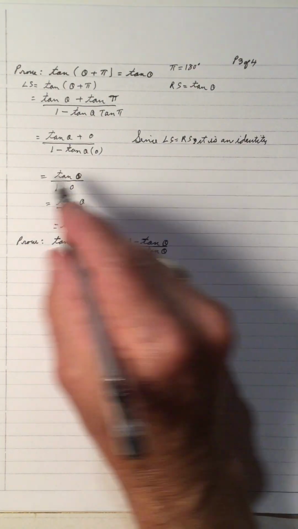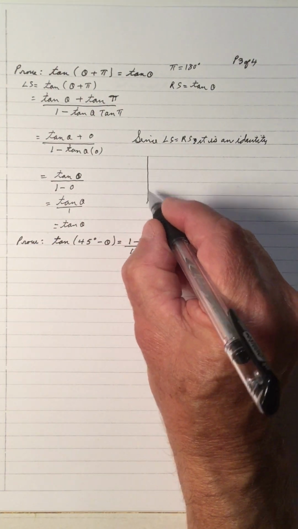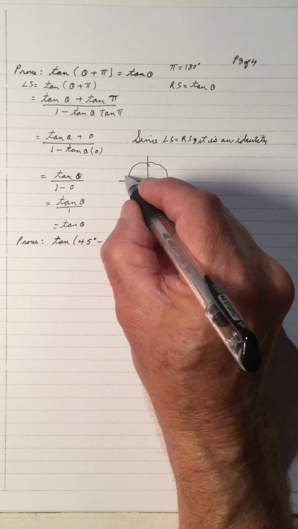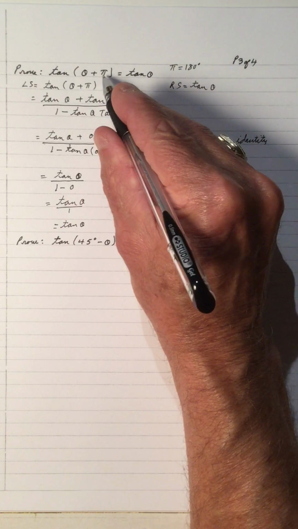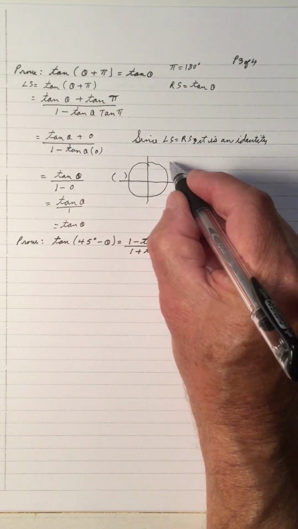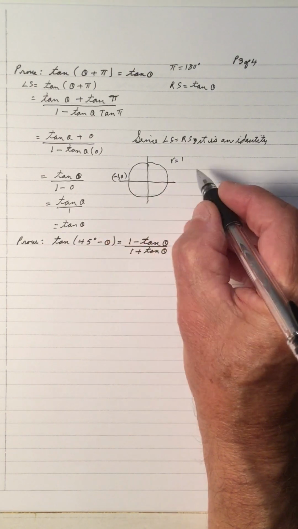Okay, and just to check that, I used a calculator on that, but what about if I didn't have a calculator? Well, if I draw this unit circle, pi is 180, and 180 is right here. This point on the unit circle, whose radius is 1, is negative 1, 0.